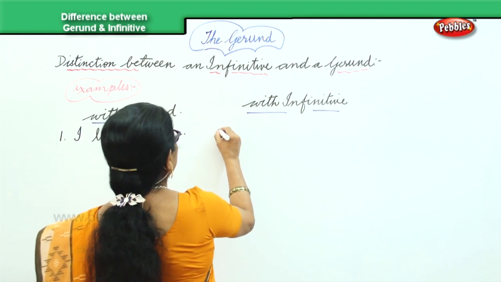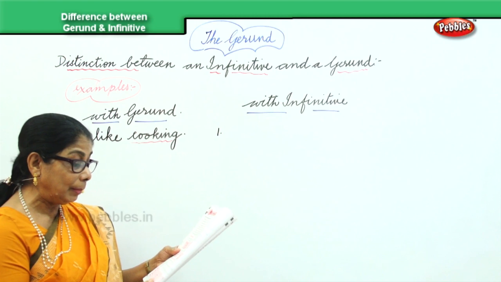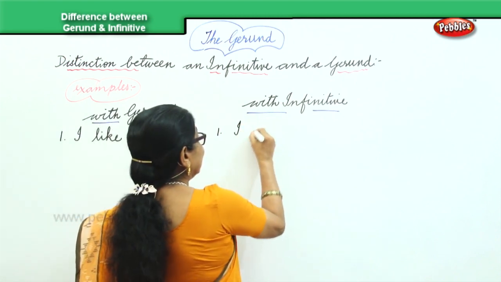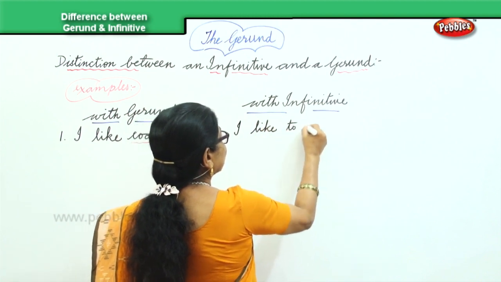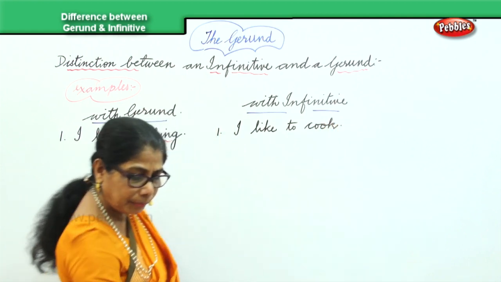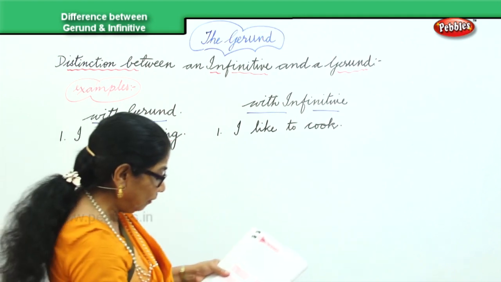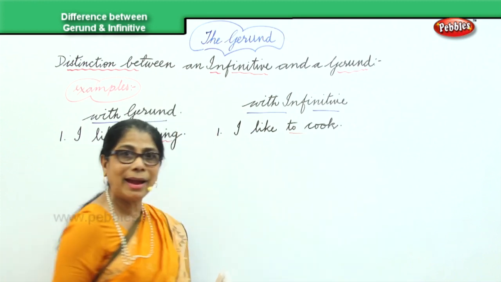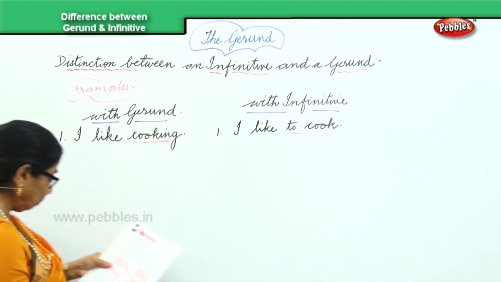So here, I like cooking, but in the infinitive, the example will be I like to cook. See the difference. Here we say I like cooking. When it comes to the infinitive, you say I like to cook. You add to.